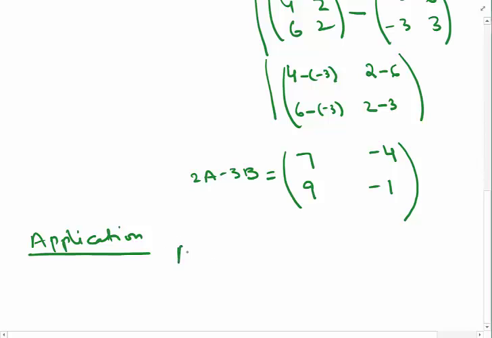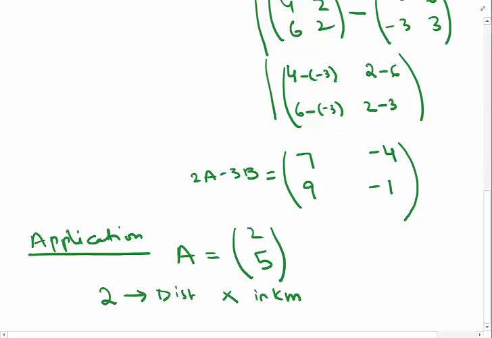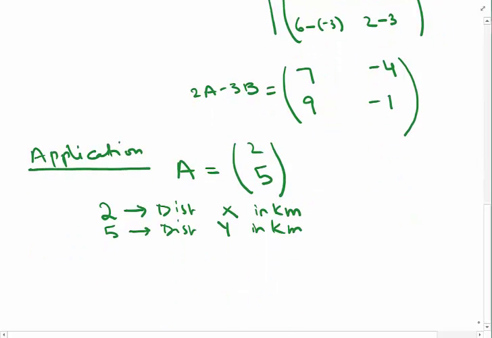Let's suppose we have a matrix A with entries of 2, 5 in the order of columns, where 2 shows distance covered by runner X in kilometers, and 5 shows distance covered by runner Y in kilometers.